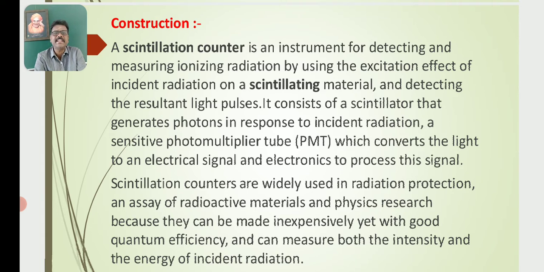It consists of a scintillator that generates photons that exhibit the photoelectric effect, in response to incident radiation, a sensitive photomultiplier tube, PMT, which converts the light to an electrical signal, and electronics to process this signal.